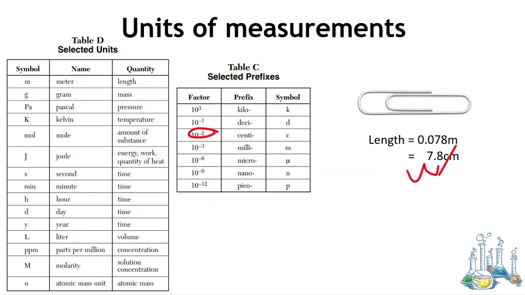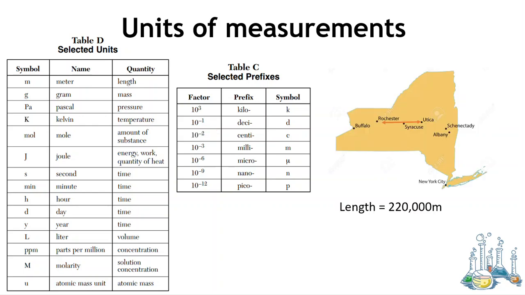Well, let's go the other direction. Instead of measuring something small like a paperclip, what if I asked you how far is the distance from Utica to Rochester? Well, again, length is meter. That would be 220,000 meters. That seems like a really big number, right?